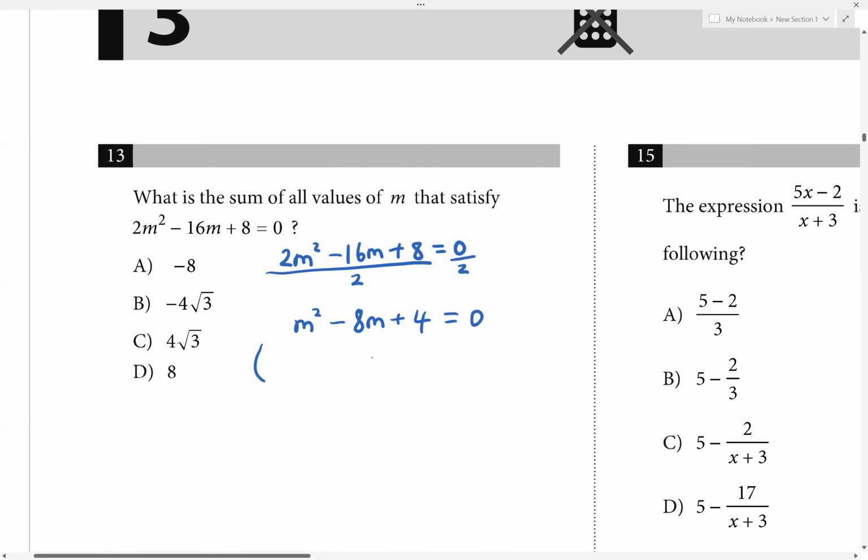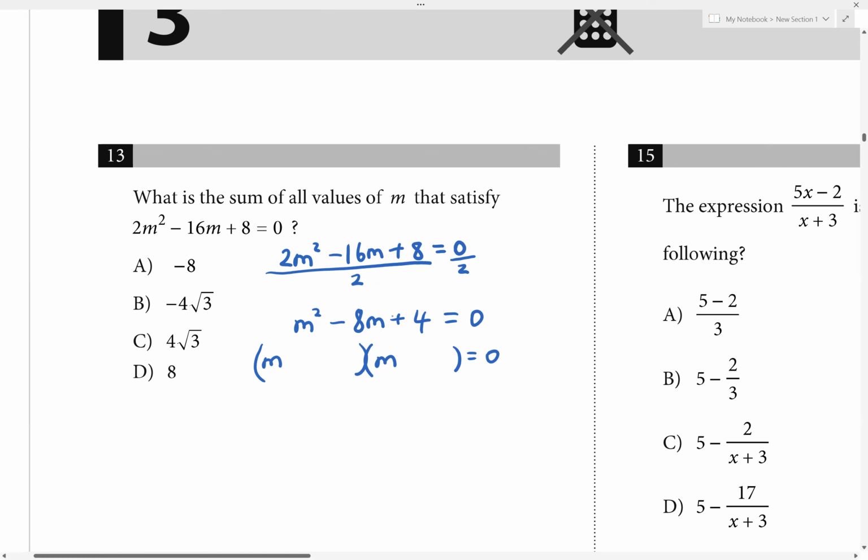If you try to factor this, we have m and m, and we're looking for two numbers that multiply to give 4 and add to give negative 8. Is that possible?